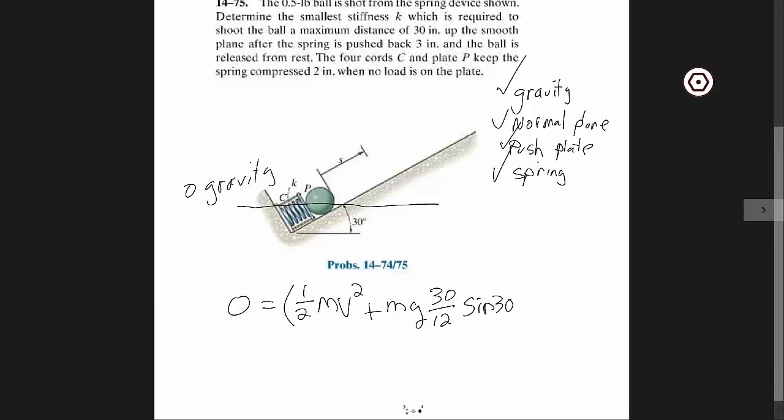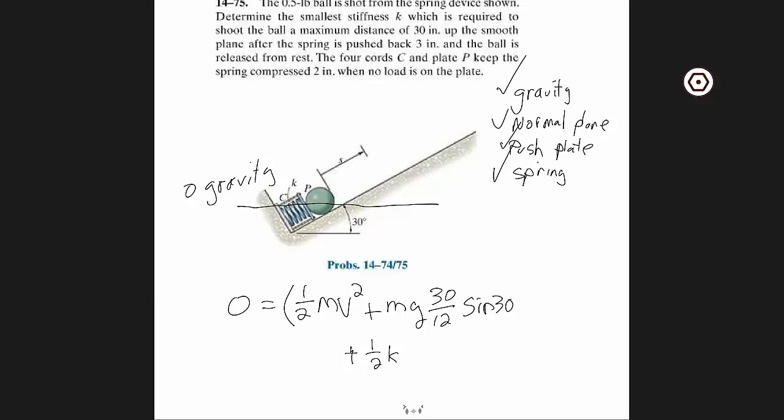Oh, it's equal to 1/2 K. Watch the units. Watch the units. 1/2 K times what? The technical word is squish. Okay, that was a joke. That was a bad joke. It's the squish of the spring. How much is the spring squished?